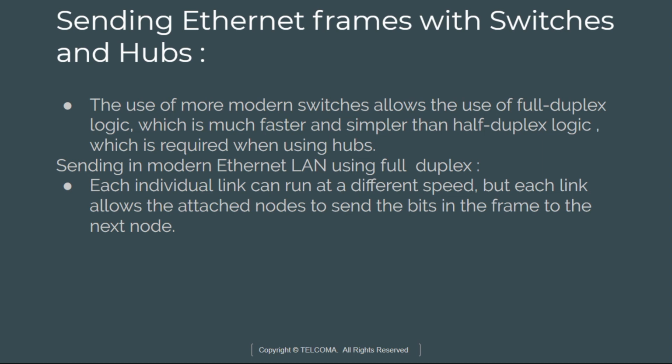When an electrical signal comes in one hub port, the hub repeats the electrical signal out all other ports. So the data reaches all the rest of the nodes connected to the hub, so that the data hopefully reaches the correct destination. This is the process of sending Ethernet frames with switches and hubs.